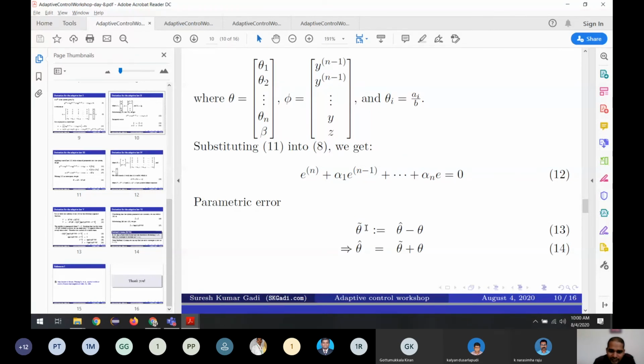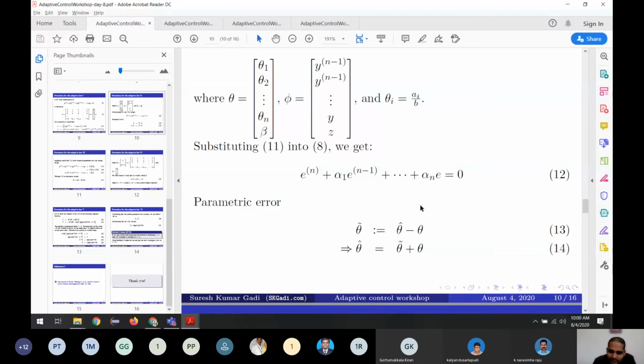Theta tilde, the tilde, I don't know what to call the wave, is the difference between the theta estimate minus the actual value. The actual value is theta and theta cap is the estimated value. So what is the estimated value? With this equation, we can write the theta estimated value is equal to the theta error plus theta.